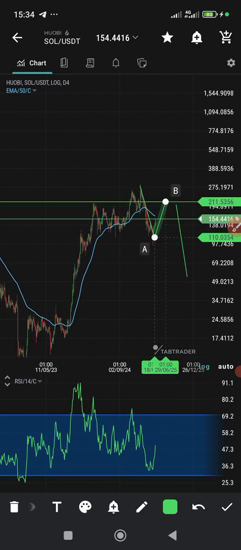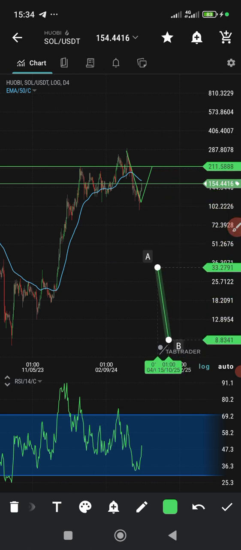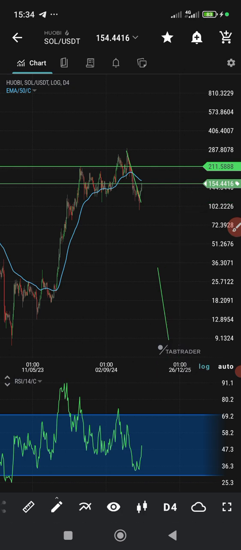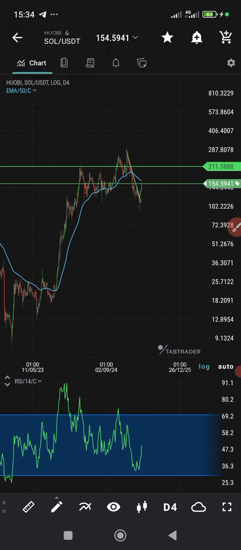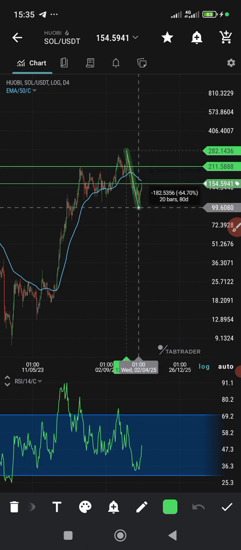So let us see if we can throw more light on it. A corrective wave that is going to correct this move from 10 to 300 is going to come in the form of ABC, and the ABC is something like this. We have A, which is already done.